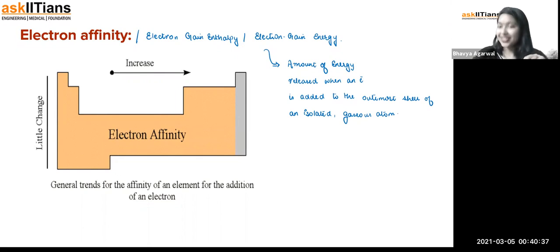Now, when the element is gaining the electron, of course it is happening in a way that the process is acceptable to nature. So when this electron is gained, it releases an enormous amount of energy, which shows that the process is acceptable by nature. This is just a way of showing it.